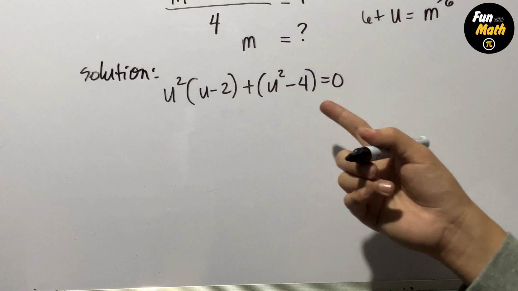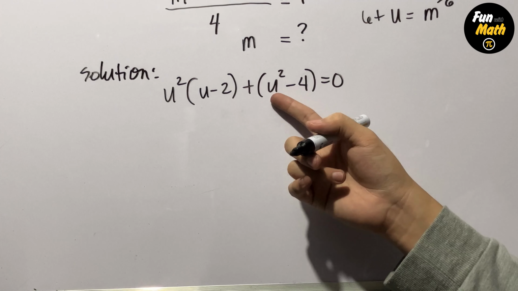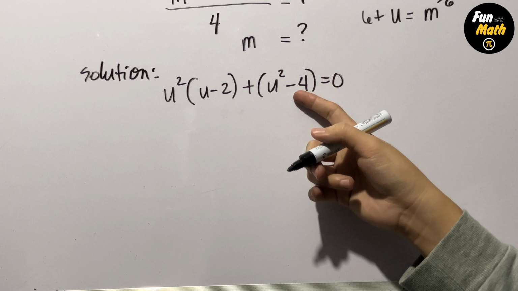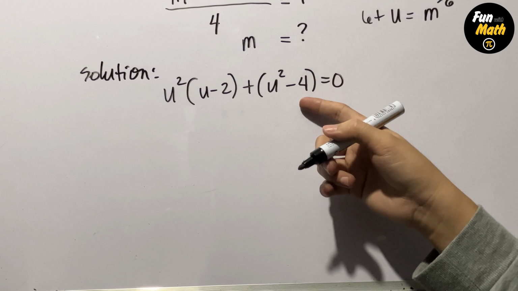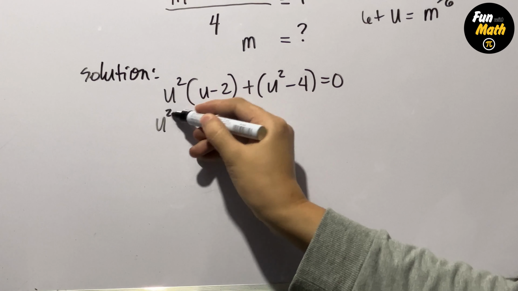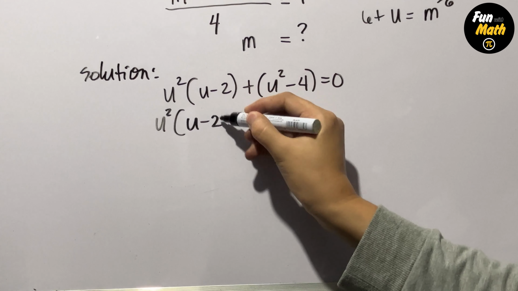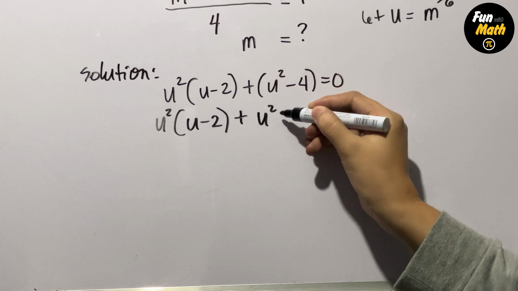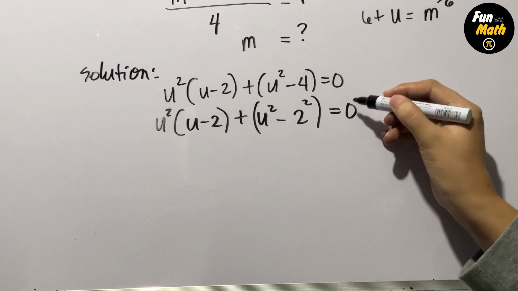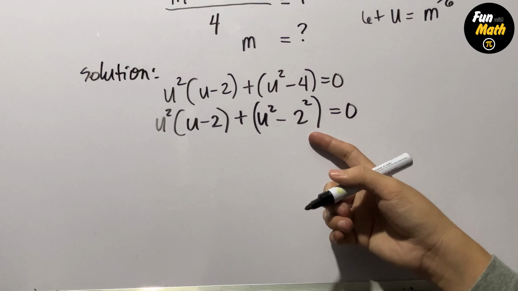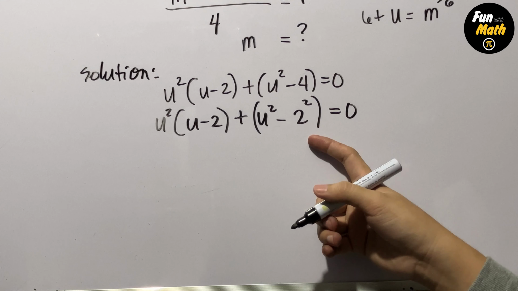Now next is to continue. For this pair, u squared minus 4, we can write it as u squared minus 2 squared. So this is now u squared times (u minus 2) plus (u squared minus 2 squared) is equal to 0. Now this pair, if you observe, is an identity.